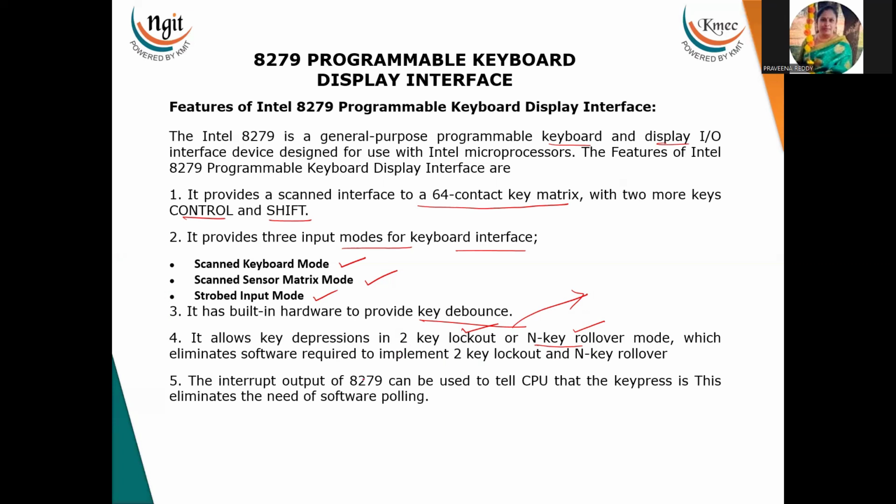And here the 8279 need not execute a software polling mechanism, because it has an interrupt output pin. Whenever a key is pressed, the 8279 itself generates an interrupt request signal to the 8085.